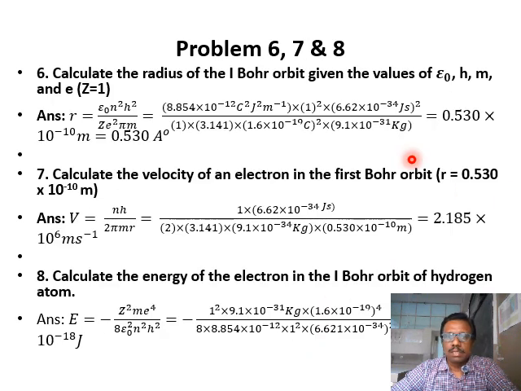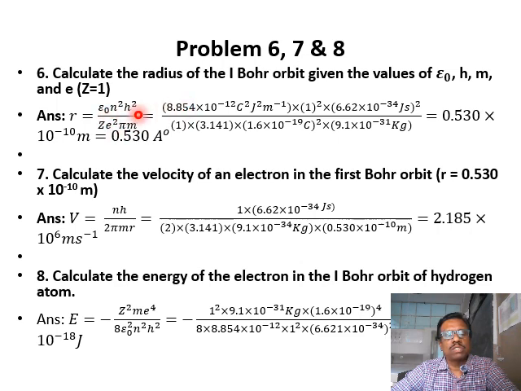Problem numbers 6, 7 and 8. The sixth problem is to calculate the radius of the first Bohr orbit, given the values of epsilon naught, h, m and e, that is, Z is equal to 1. We are using this equation to calculate the radius of the orbit. Substitute the values present here.